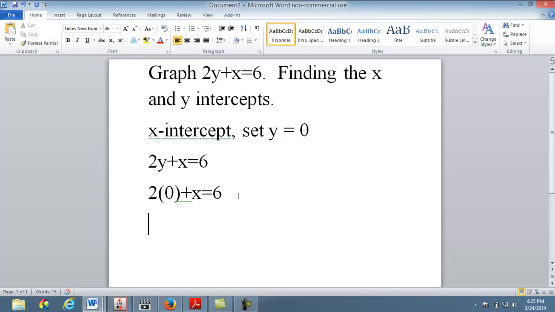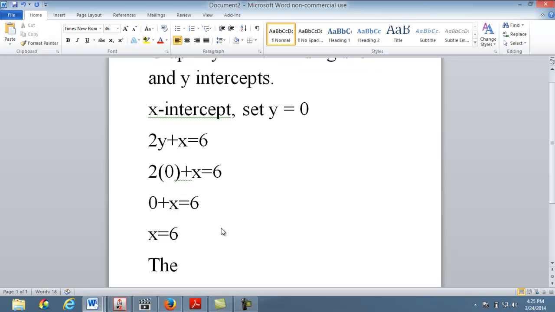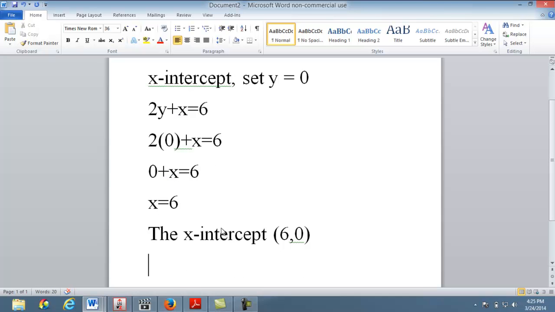If I simplify this equation, 2 times 0 will give me 0, and 0 plus x would just equal x, so x equals 6. The x-intercept would be (6, 0).